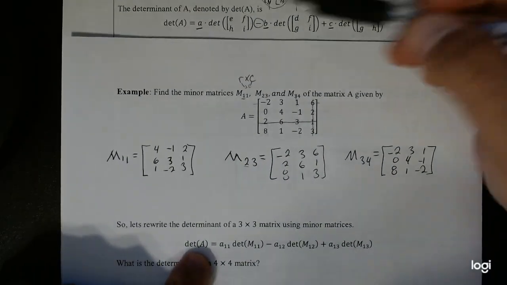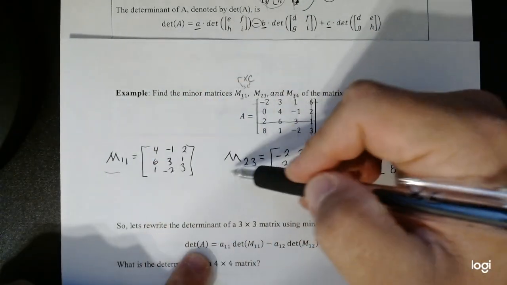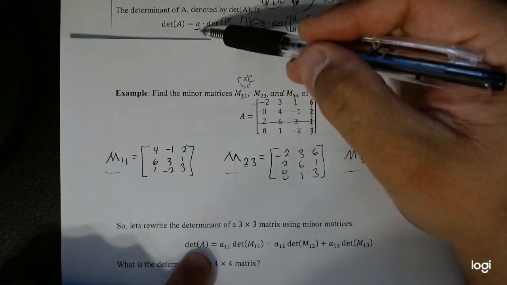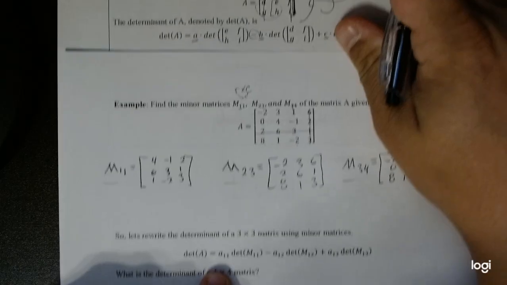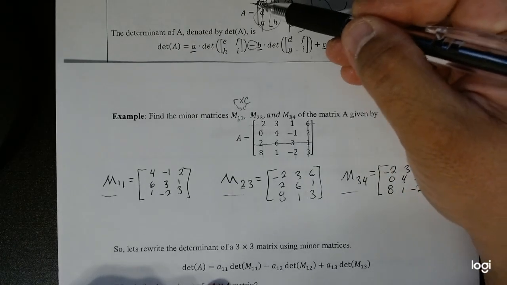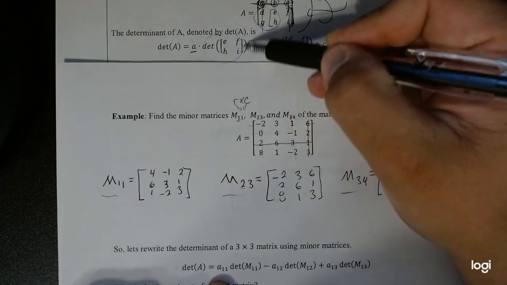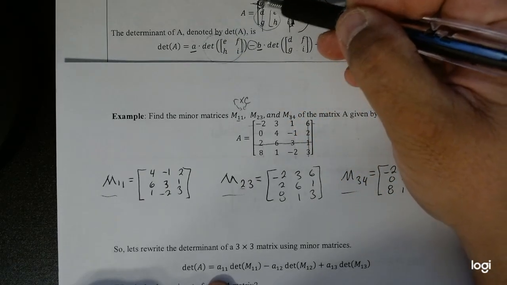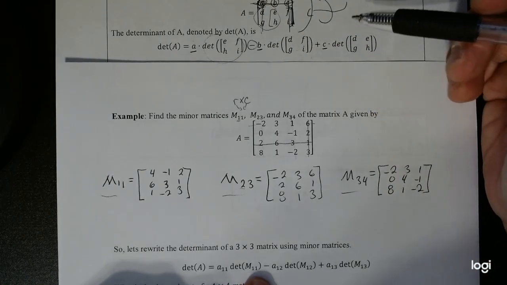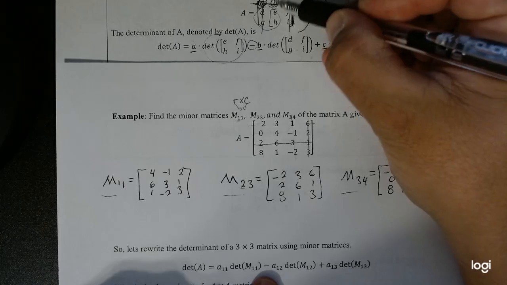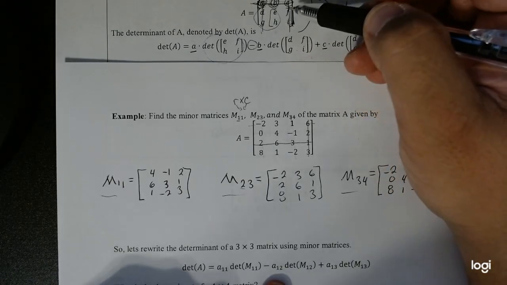So if I want to rewrite this using the minor matrix notation, well, this A value is in the first row and the first column, so that's why it's A11, times this determinant, which is just the minor matrix getting rid of this row and this column, minus the second value here, which is in the first row and the second column, times the determinant.